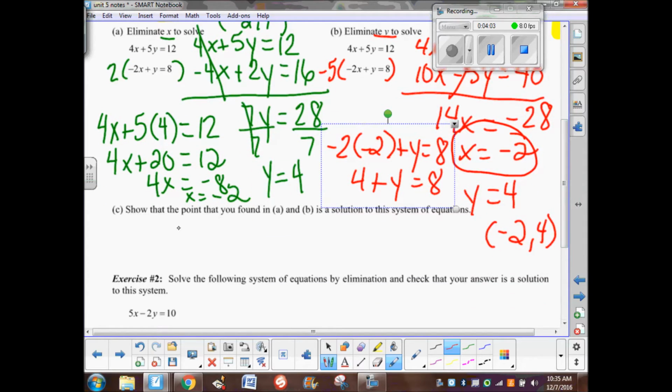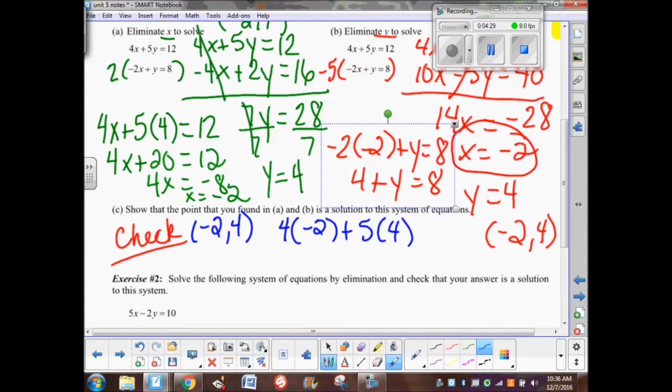It says, show that the point that you found in A and in B is a solution to the system of equations. So how do we show that something is a solution? That's our check to see if we get true in both equations. So when I take my negative 2, 4, and always go back to the originals, 4 times negative 2 plus 5 times 4, I'm subbing into the first equation.